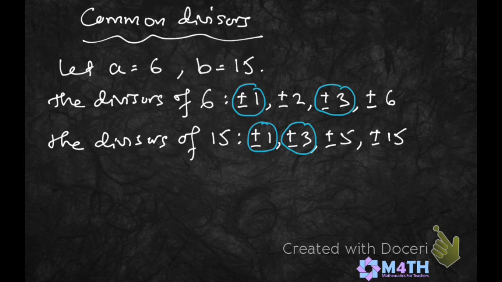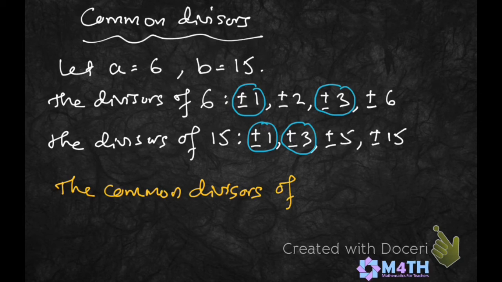So the common divisors of 6 and 15 are plus minus 1 and plus minus 3. Those are the common divisors of these two numbers.